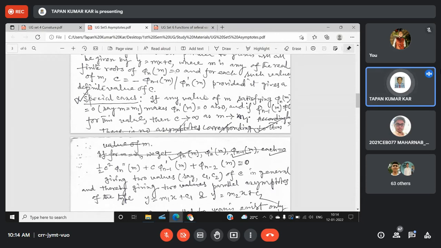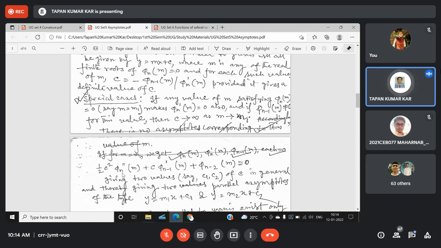So look at this: here in the denominator, phi n dash m equal to 0. If there is any such root, say m1, m1, then for that m1, even after differentiation, it is still 0. So in that case, you have to use the formula half c square.